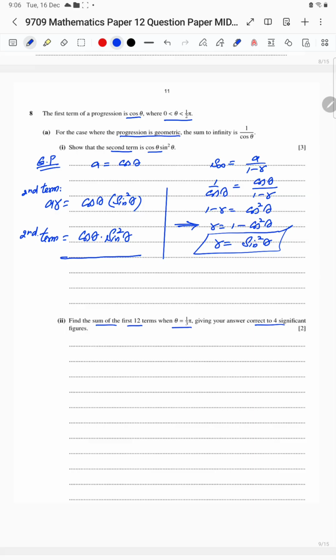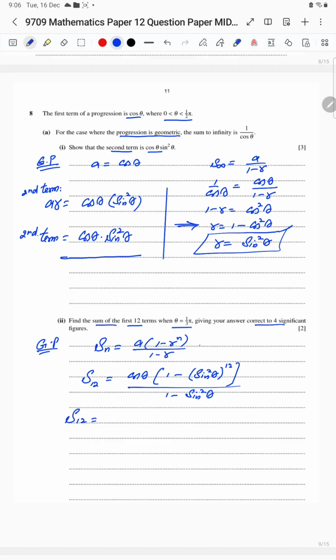Okay, the same GP, the sum of the terms, we have the formula a times 1 minus r power n over 1 minus r. So apply this, n is 12 here, a is cos theta, and r we get as sine square theta, with power n as 12, over 1 minus sine square theta.